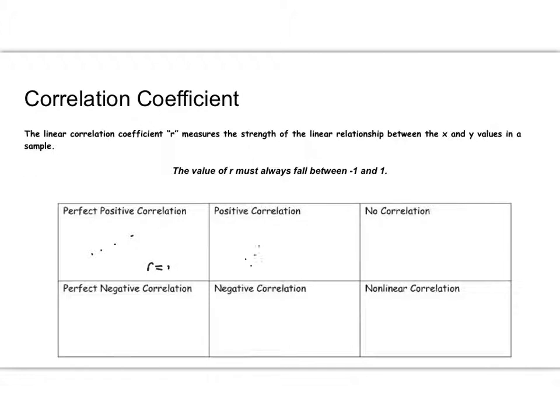And where I had not a perfect positive correlation, but some correlation, that would be an R value somewhere less than 1, but not 0. And then a perfect negative correlation would have an R value of -1.